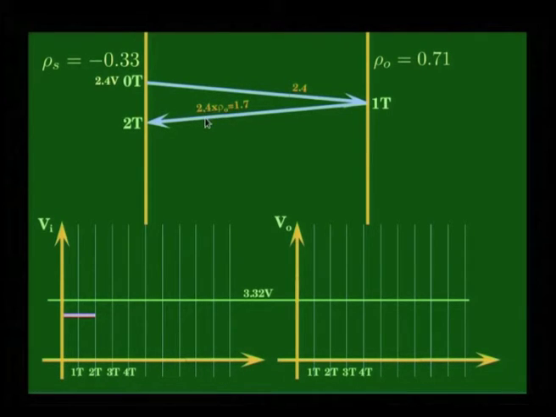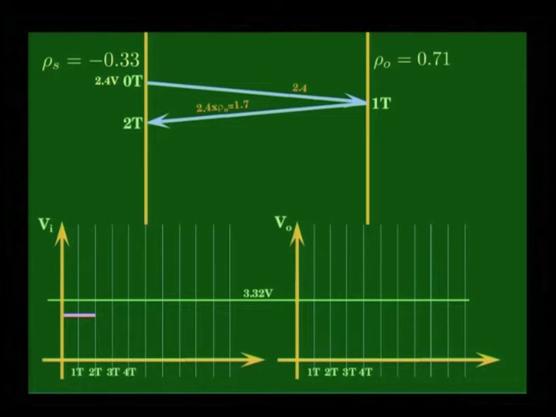Look here, 2.4 multiplied by the reflection coefficient of 0.71 will be 1.7 volts, that is getting reflected and reaching here at 2 t. And this 1.7 volt has reached this boundary. The source side and the wave impedance do not match.